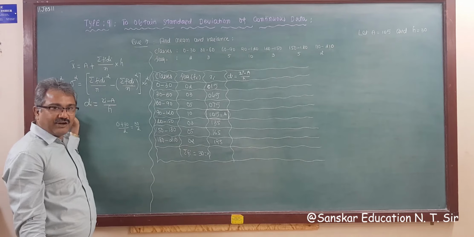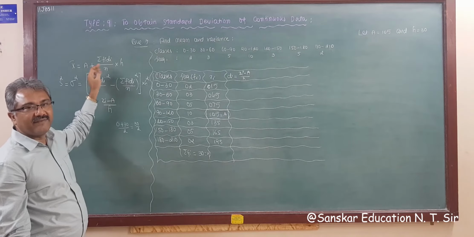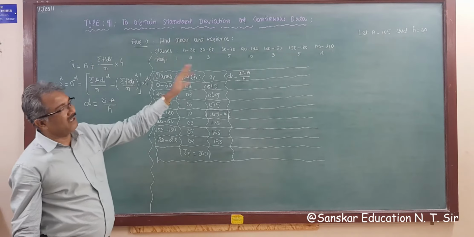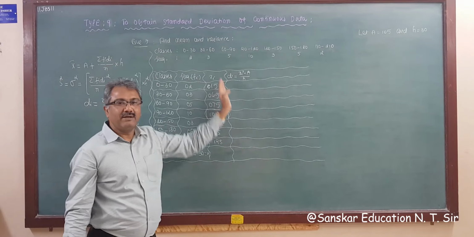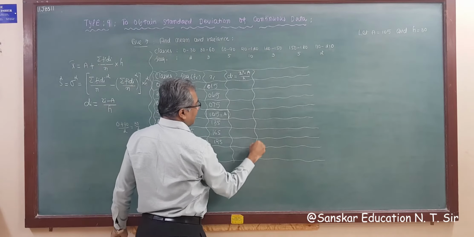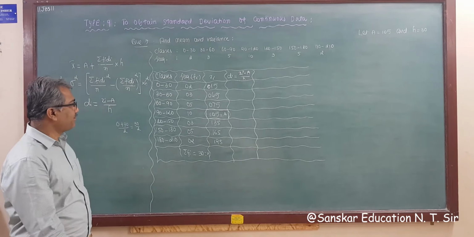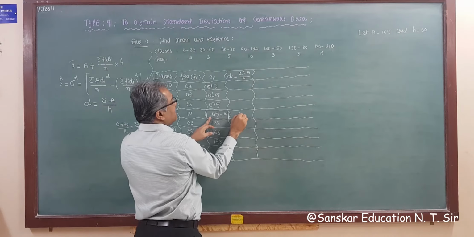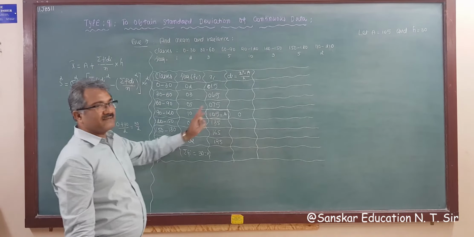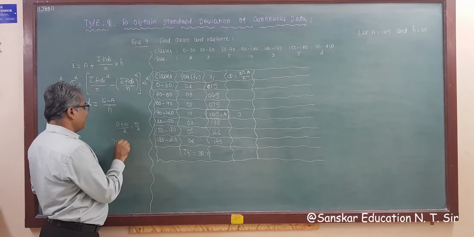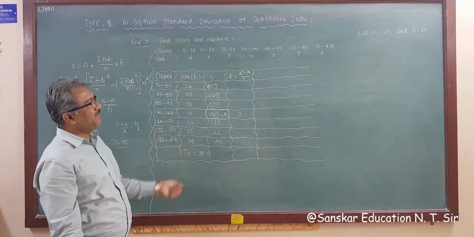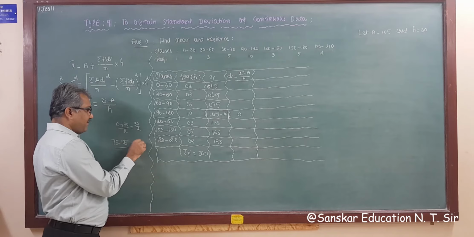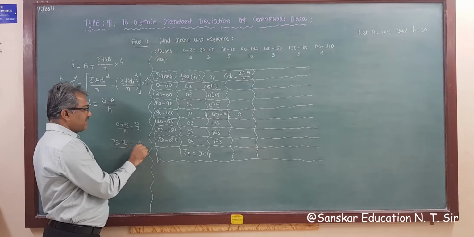So we write these first, and then according to this formula we find the value of each required quantity, fi di. First you have to find di. So xi is 105 minus A, 105, that is 0. Now 75 minus 105 is minus 30. Divide by 30, so minus 1.